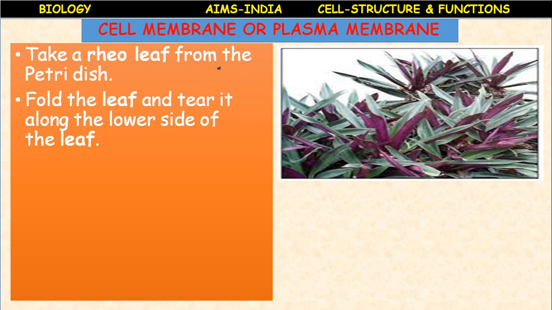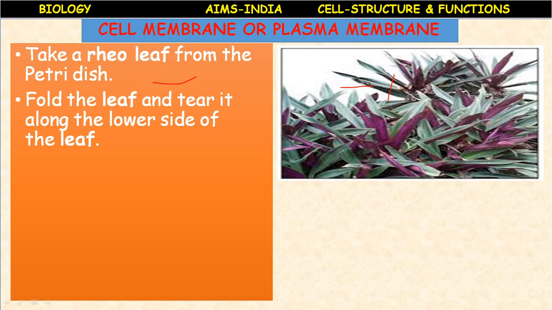that is Rheo leaf. This is the Rheo plant, a croton plant. Take a Rheo leaf from a petri dish, or isolate a leaf from this plant, and fold the leaf and tear it along the lower side of the leaf.